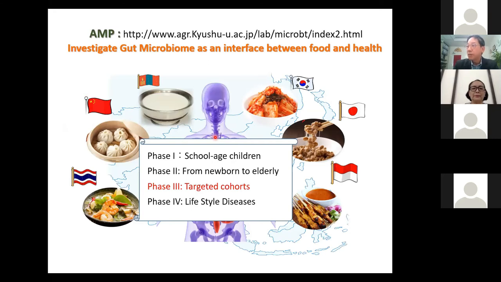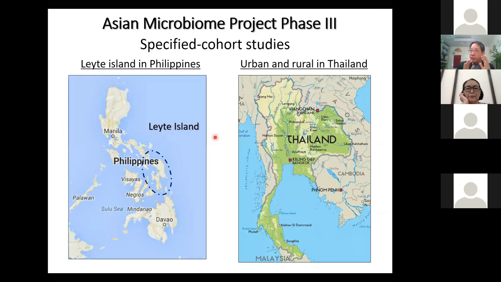This comes from phase 3, the targeted cohort study. We targeted the cohort in order to look into the in-depth correlation between food and microbiome.